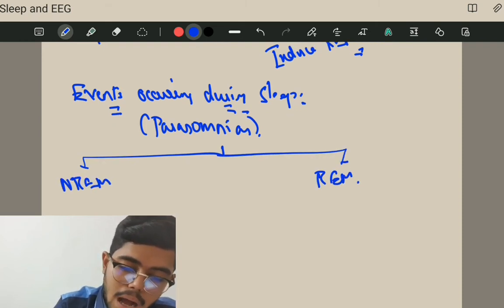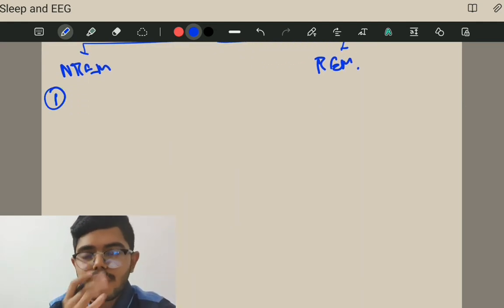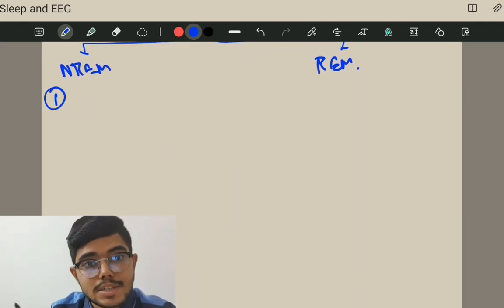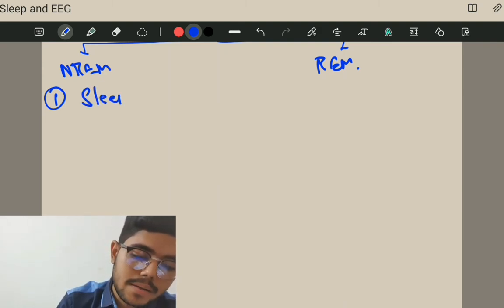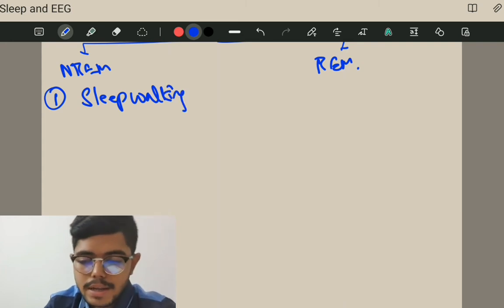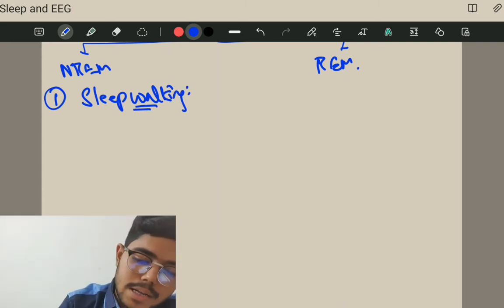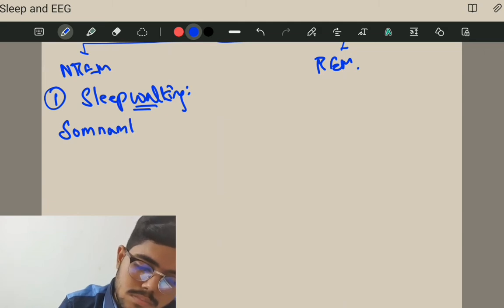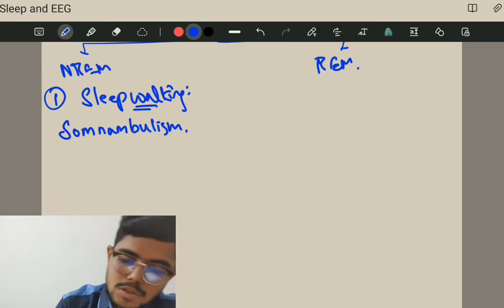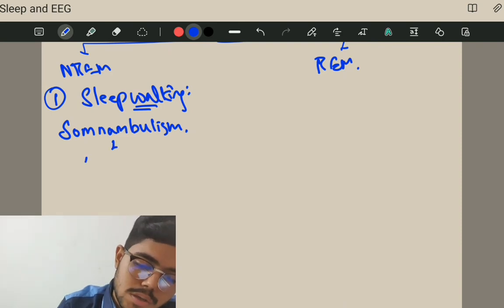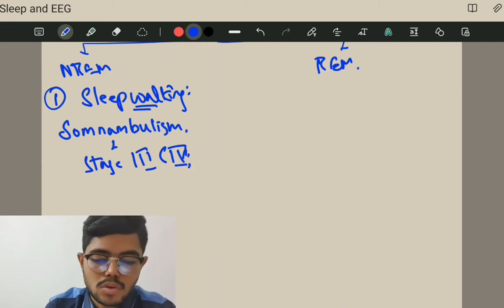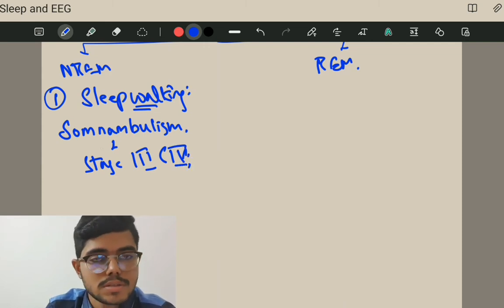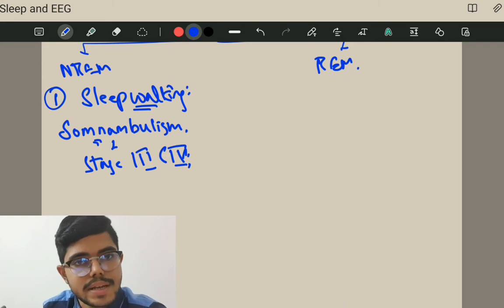In NREM, the first important point is that during sleep they tend to walk. That we call sleepwalking, or somnambulism. It is mainly in stage 3 and 4.